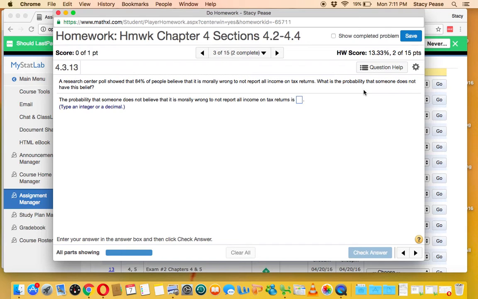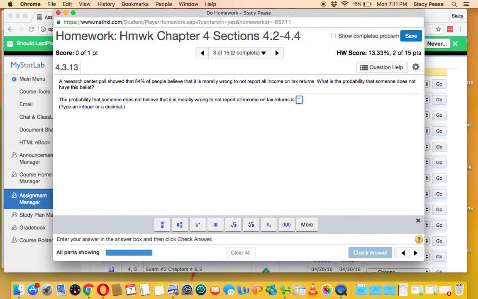That 16% we can convert into a decimal or a probability, which is what the question is asking for, by dividing by 100. So if you take 16%, which is what you got when you subtracted 84 from 100, and divided that by 100, you'd get an answer of 0.16. And let's see if that is correct.